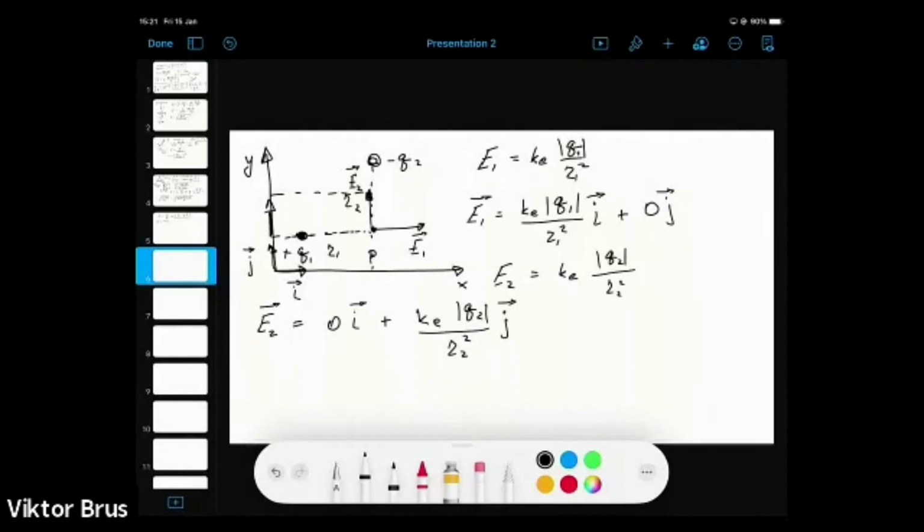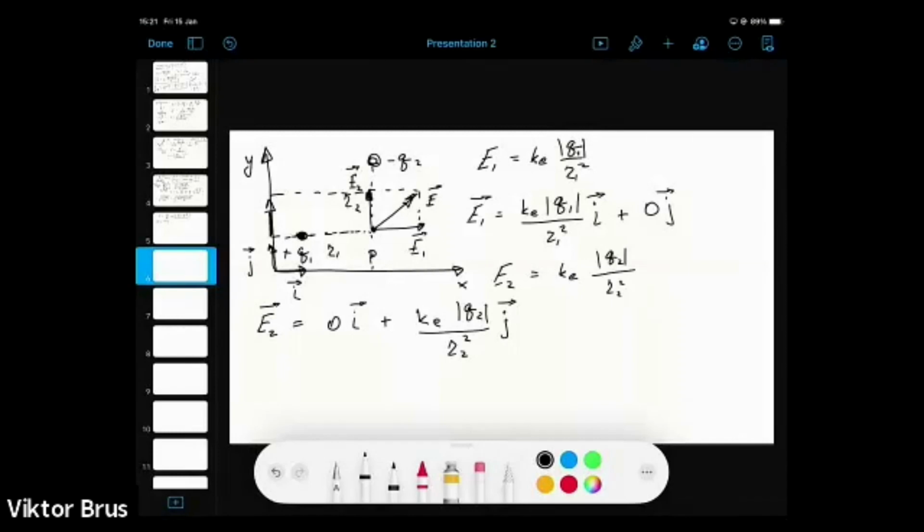Okay, so now the last step, what we need to do in order to calculate the effective electric field vector, we need to add these vectors and find the resultant one. So this can be done like this, and this is our E vector, some effective electric field vector in point P, which is created by two charges, one positive, one negative, aligned with respect to point P as shown on our figure.